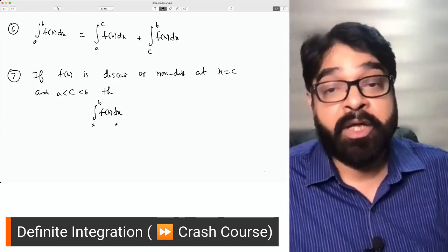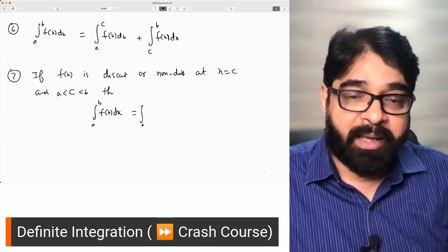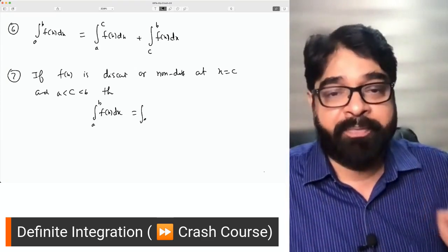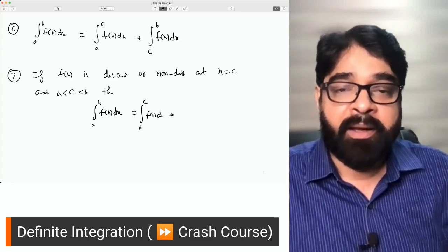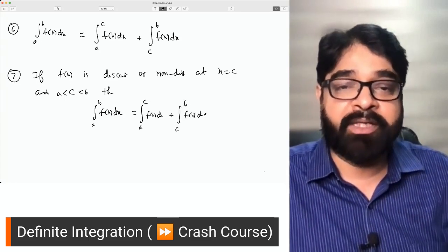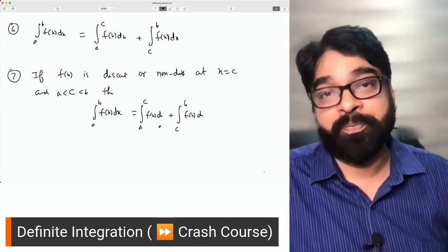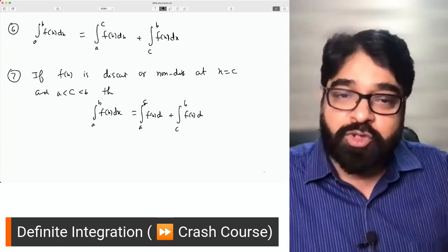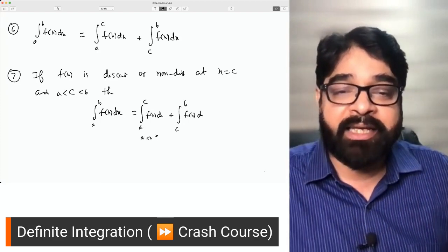So what should we do? You have to remove this non-differentiability point. Because c is in between a and b, we break it into integral a to c f(x) dx plus integral c to b f(x) dx. Sir, what is the use of this? Try to recall the first point I told you. Whenever I write a to c, I'm saying x is between a and c.